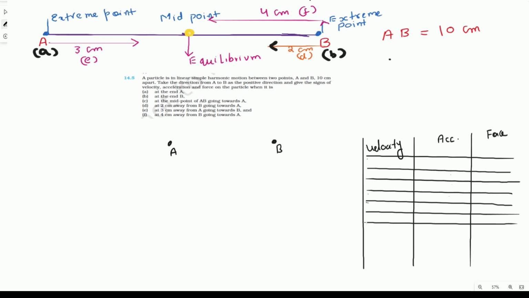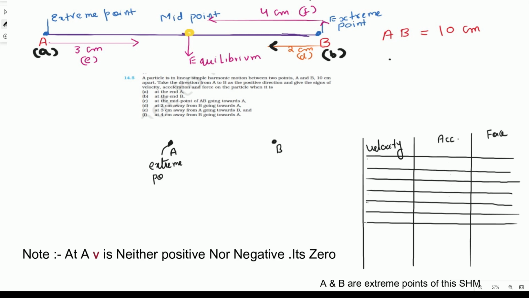Okay, let's see the first point. What is the velocity? The first thing you have to tell is the velocity at the end A. If you look at the end of A, these are the extreme points. A is an extreme point of the simple harmonic motion. Extreme means the last point. So at extreme points, the velocity is how much?